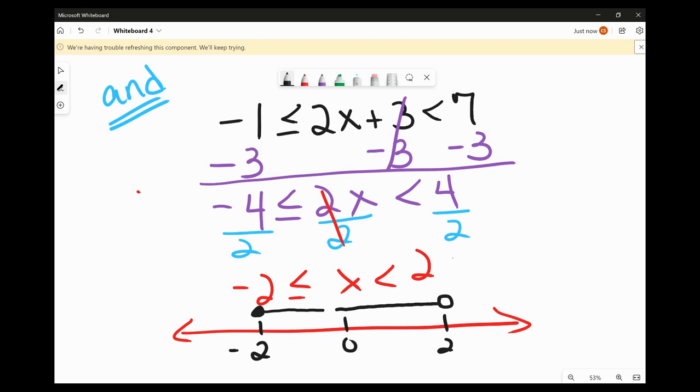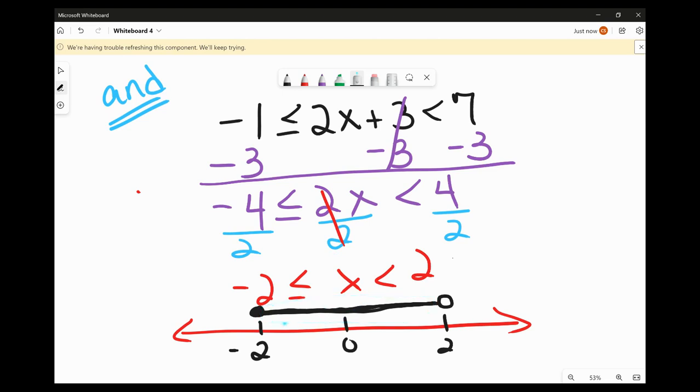And it's less than, so it looks like this. And you're going to hear my Boston accent. We're going to have a bar in the middle. So an and problem is going to have the bar in the middle. If you notice right here, the x means the solutions to this fall between -2 and +2. And so that's an and problem, and it should be a bar, okay?